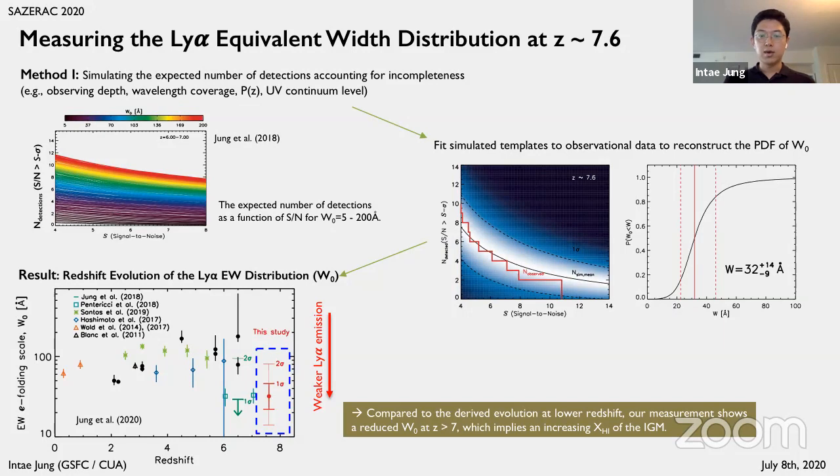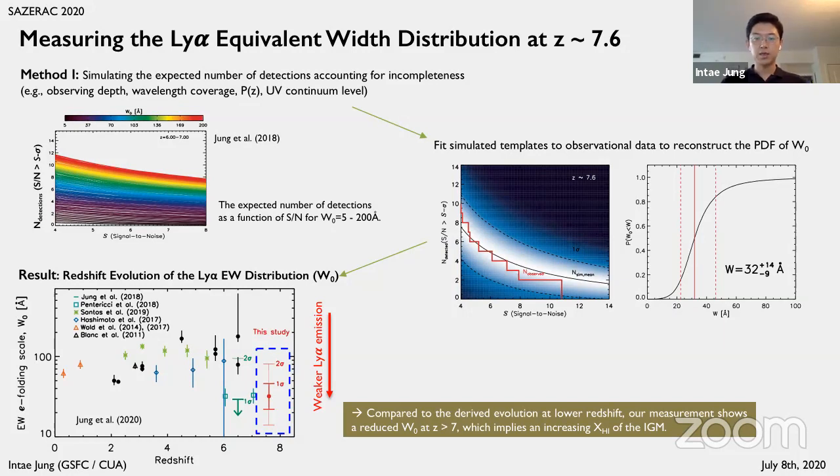This is because this methodology utilizes both detections and non-detections, putting more constraint on the equivalent width distribution. And this method considers all data incompleteness that affects the Lyman alpha visibility in our observations, such as photometric redshifts, galaxy continuum level, and observational detection limits.